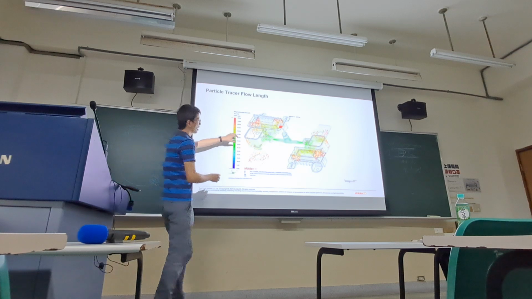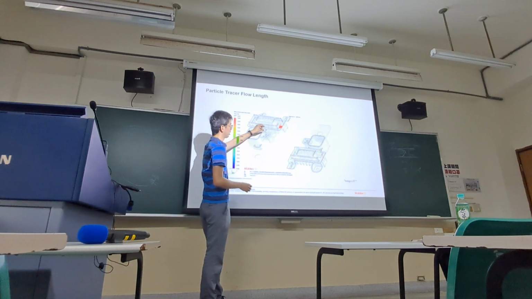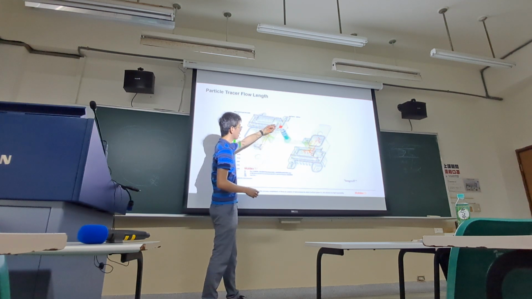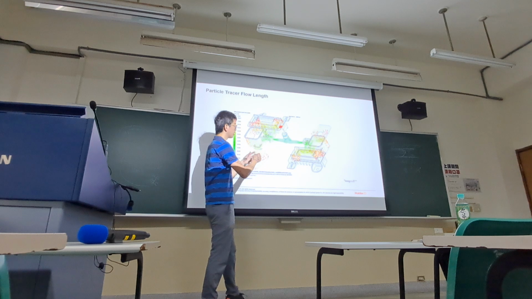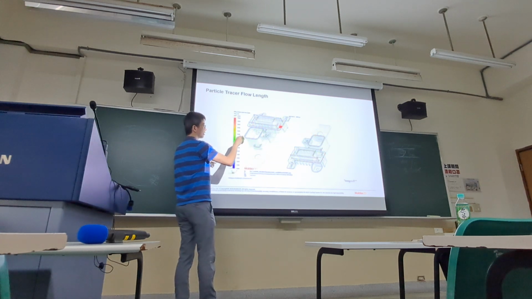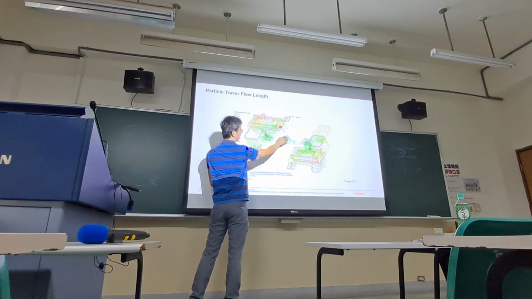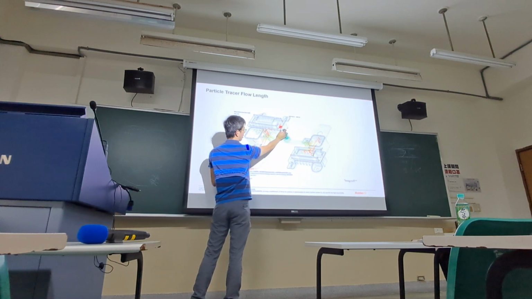And the software can also do particle tracing. So at every time step, you can decide how many particles and how many times you need to put in or trace the particles.